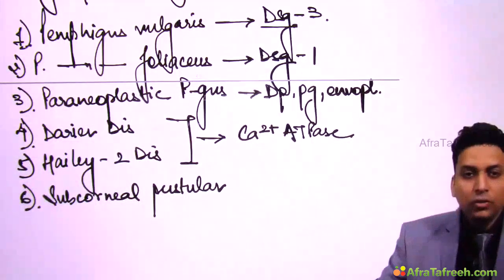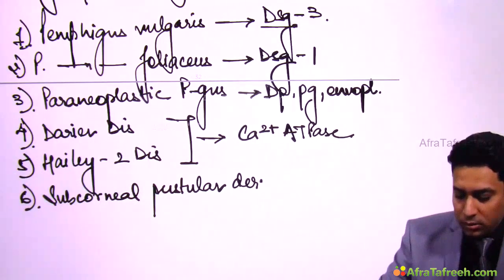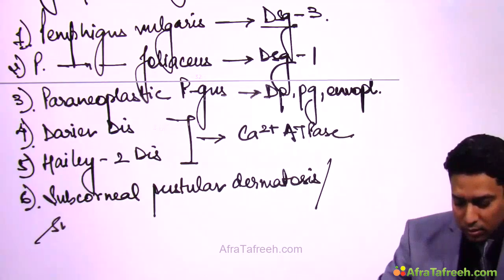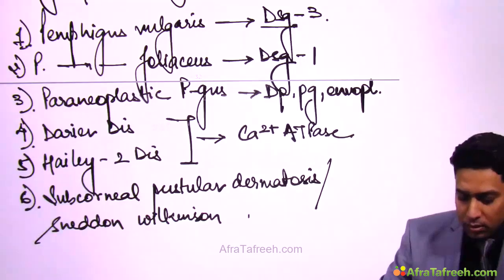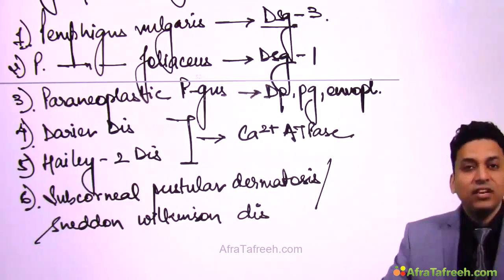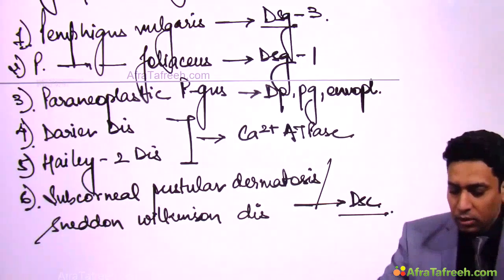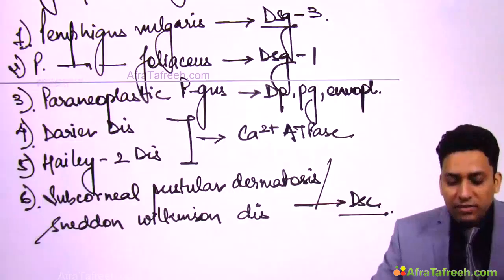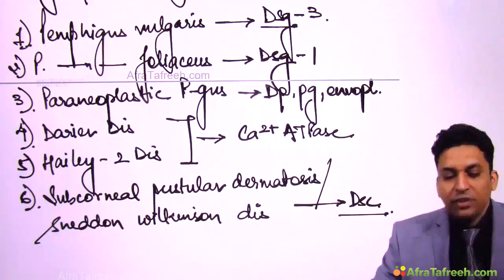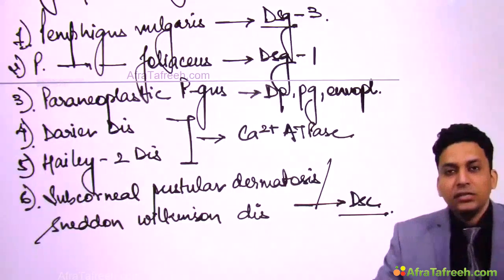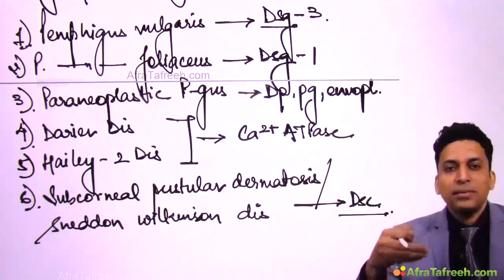Then another condition known as subcorneal pustular dermatosis, also known as Sneddon-Wilkinson disease. Here desmocollin is involved. So these are various conditions where these different proteins are involved, and since these proteins are desmosomal proteins, they are present in the desmosome.